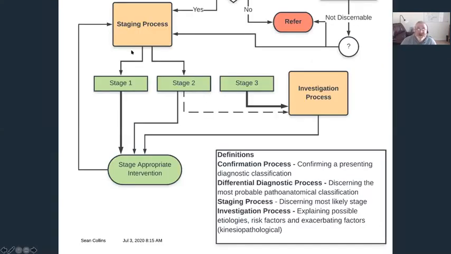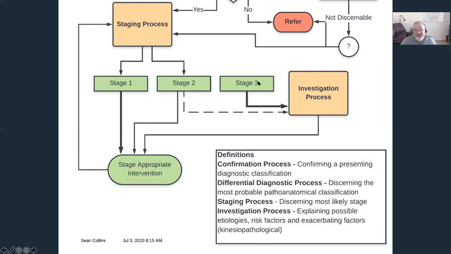So the staging process is a process of determining whether someone is in stage 1, 2, or 3. Stage 1 is very clearly acute. Stage 3 is very clearly, I guess you could say, chronic, or there's nothing right now that we're worried about in terms of protection.